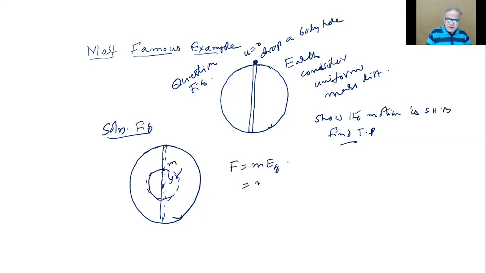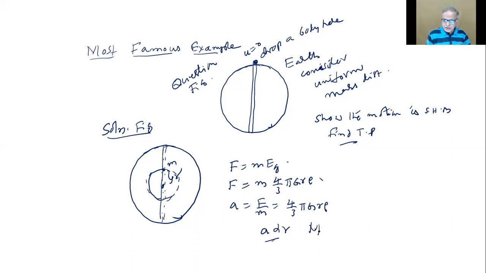What is the gravitational field strength there? 4 by 3 pi G r rho, isn't it? So acceleration will be F by m, equal to 4/3 pi G r rho. So a is proportional to r. Of course, if you write in vector form, you'll also get a minus sign.